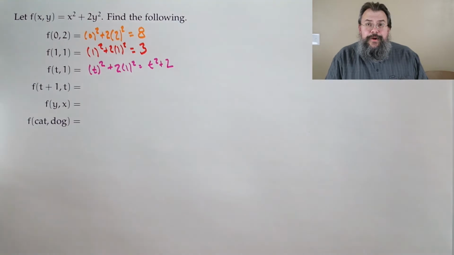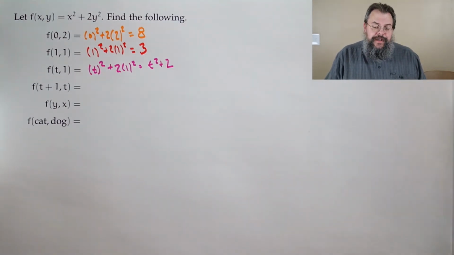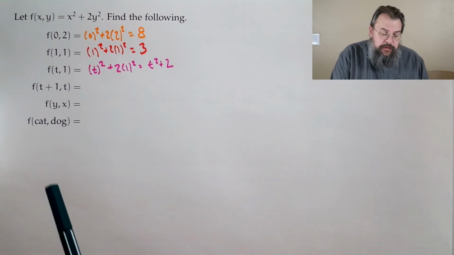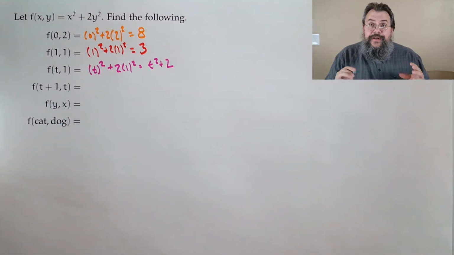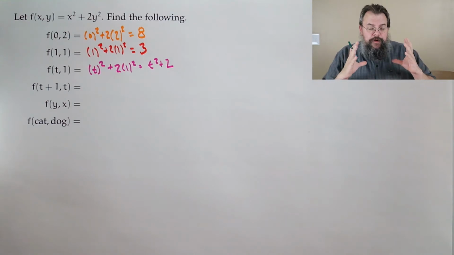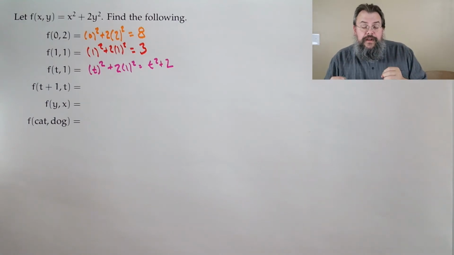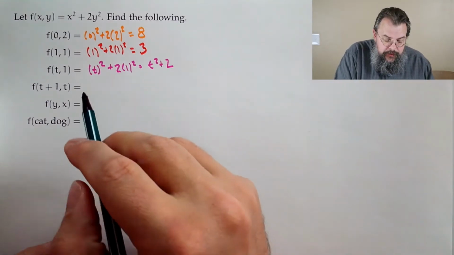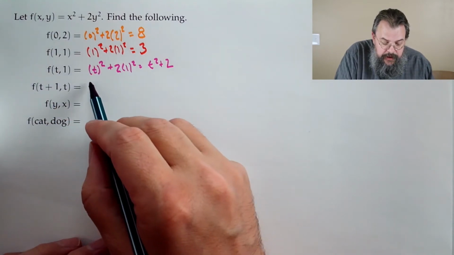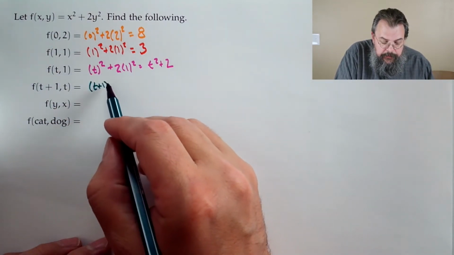That's a little bit more interesting. But of course, we can still get even more interesting. The next one, f of t plus 1, t. What's going on here? We're replacing x by t plus 1, so everywhere we see x becomes t plus 1.